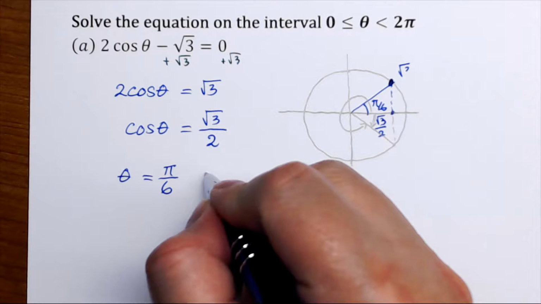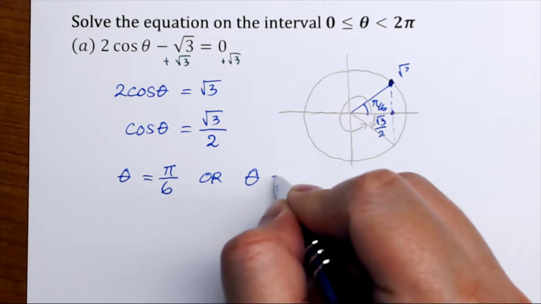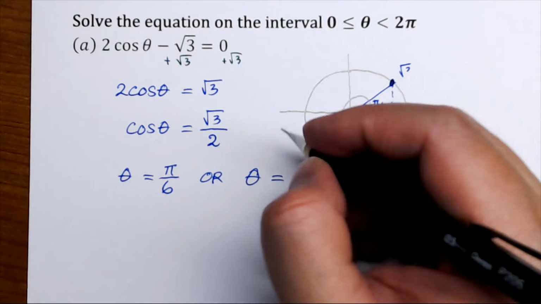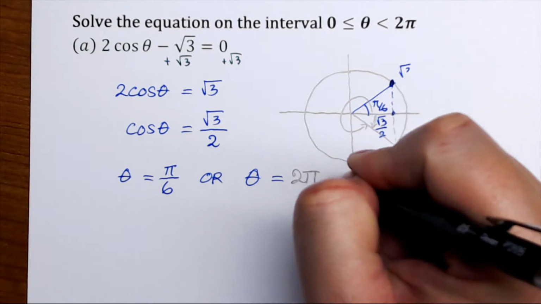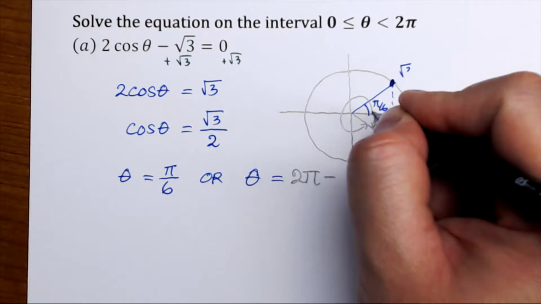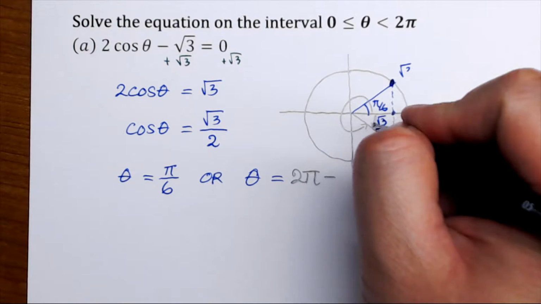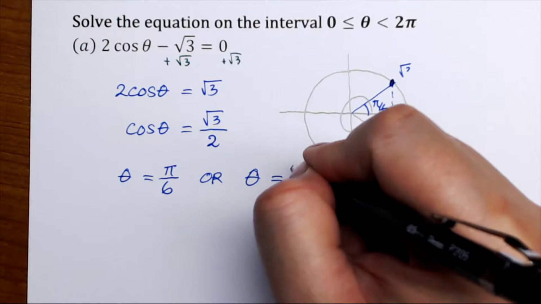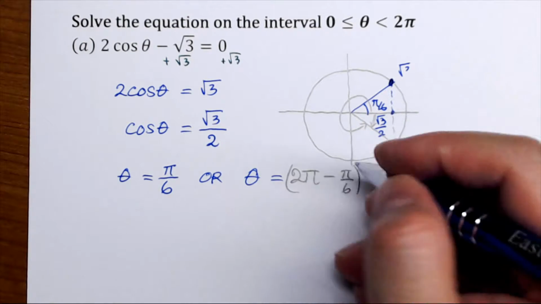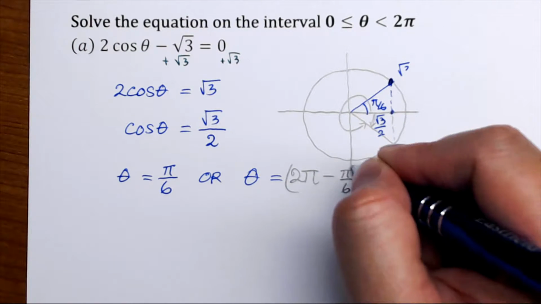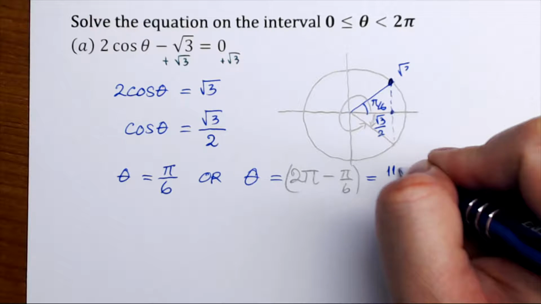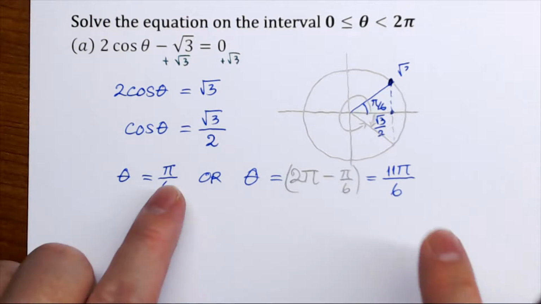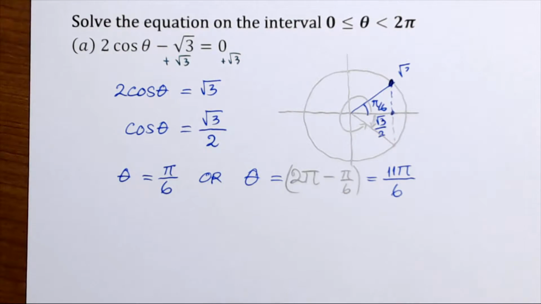So all theta could be equal to 2 pi, the whole revolution, minus the pi over 6. That gives us 12 pi over 6 minus 1, so it will be 11 pi over 6. And those are the two solutions within 0 and 2 pi.